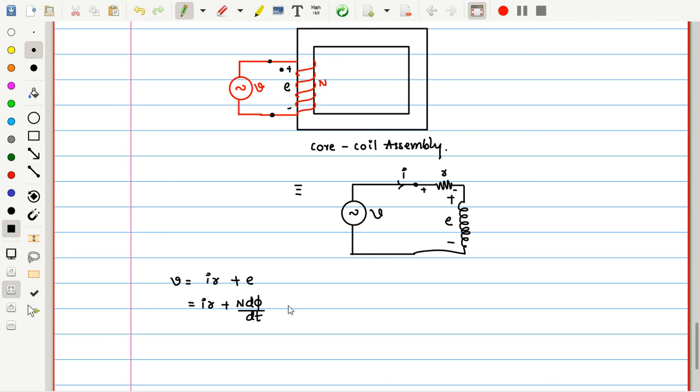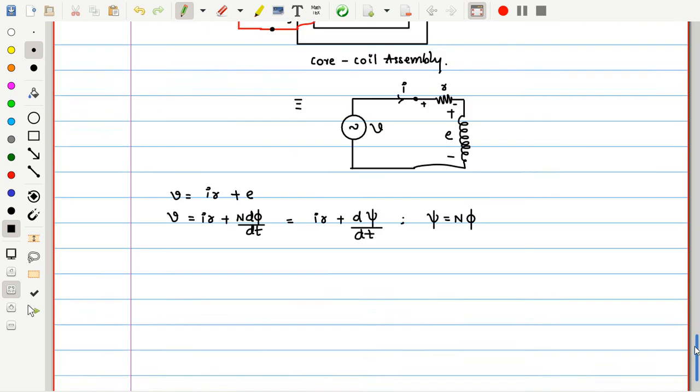N can be brought inside, and N into phi is the total flux linkage, which can be called by the symbol psi, so IR plus d psi by dt. Here psi is equal to the number of turns times the flux per turn, so the total flux linkage with the coil is N into phi. This is the generalized KVL equation that we arrived at for the voltage V.